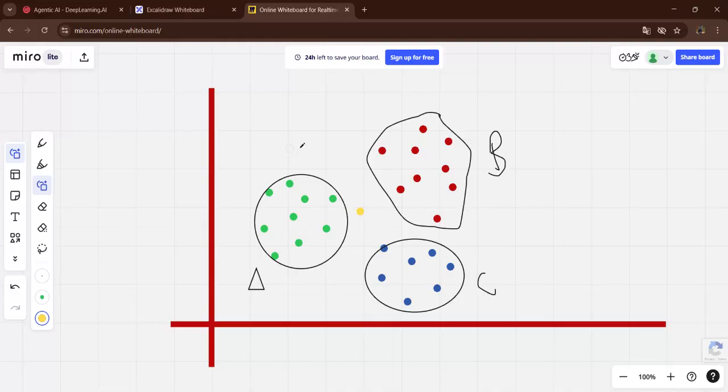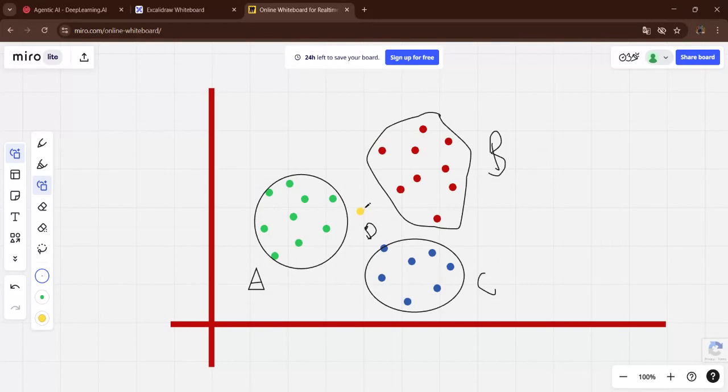Then we have to decide in which class data point D should be included, or which class D is a member of, whether it will be class A, class B or class C. We have to decide that by finding the nearest neighbors.